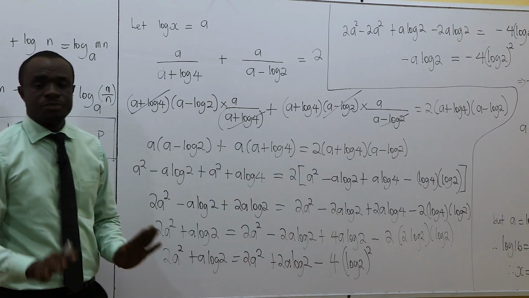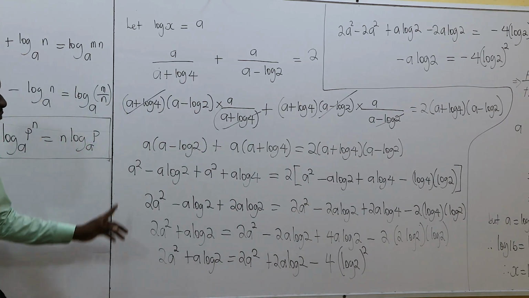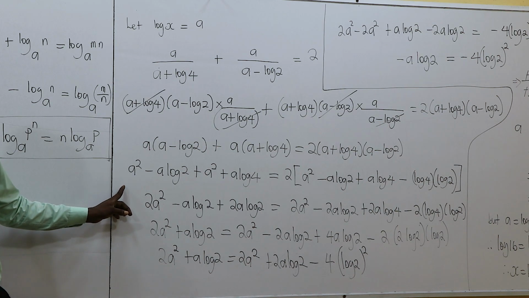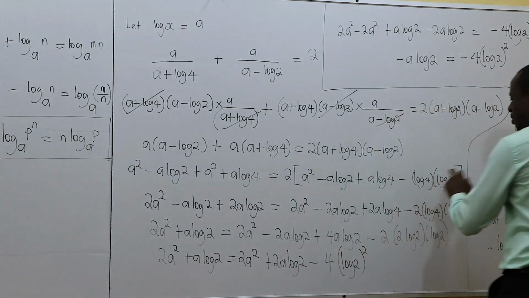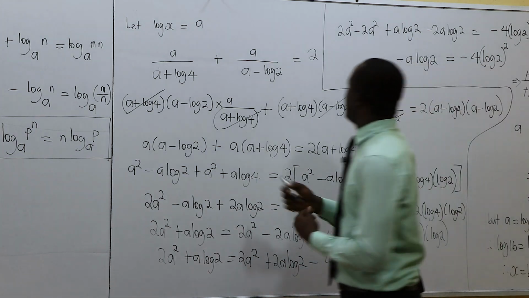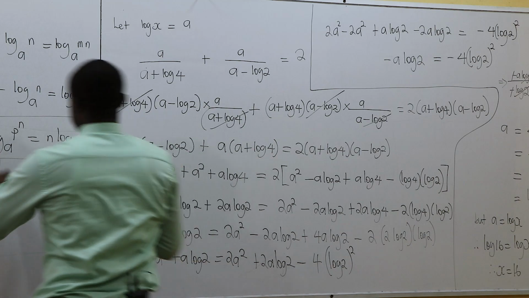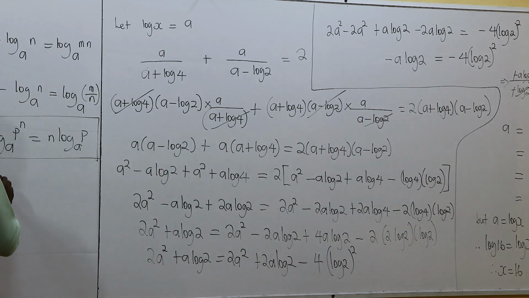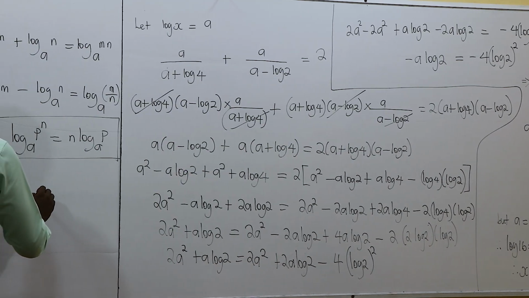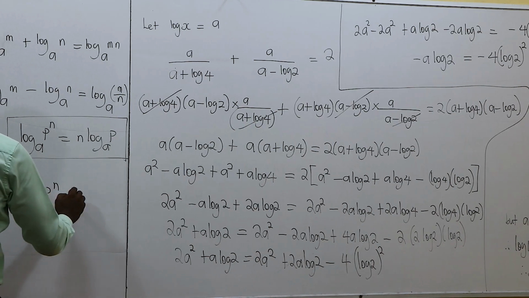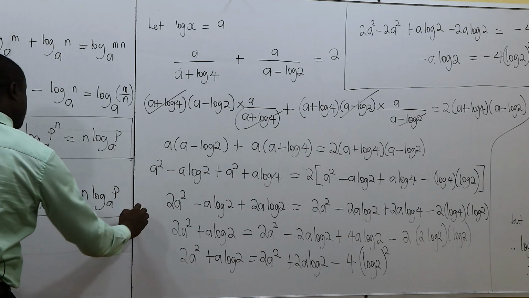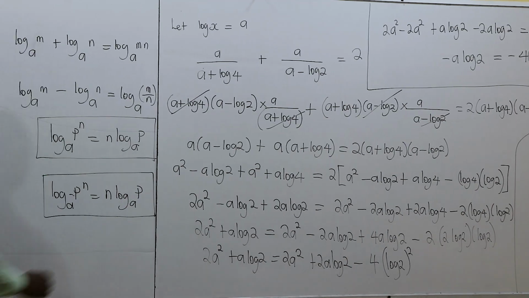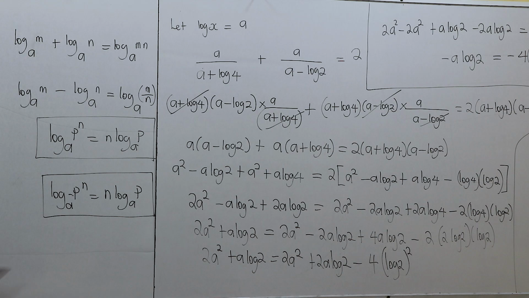Now we expand using the distributive property, but we also apply the third law. If we have log a of p, that is n log a p from the third law.